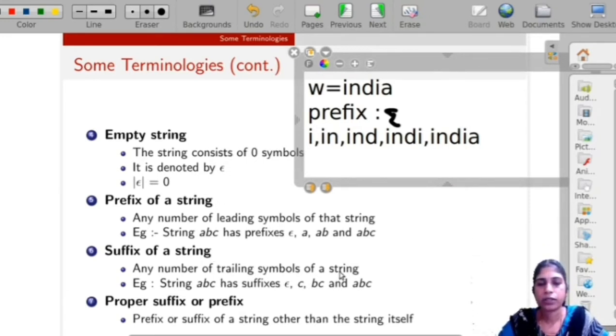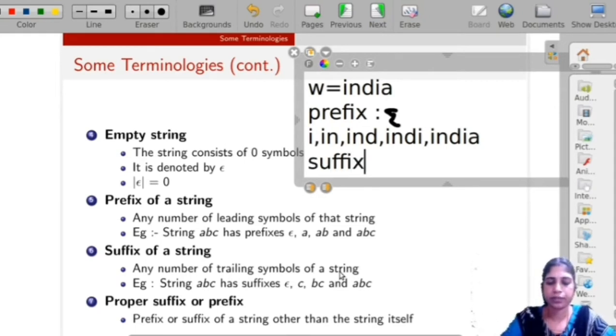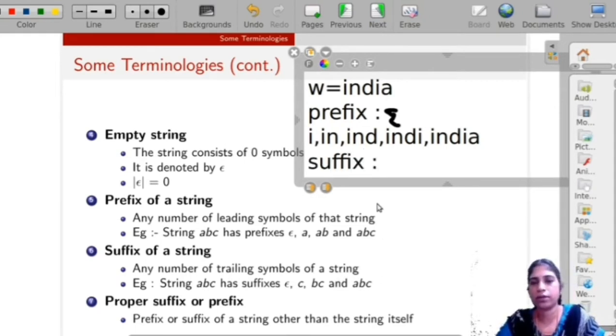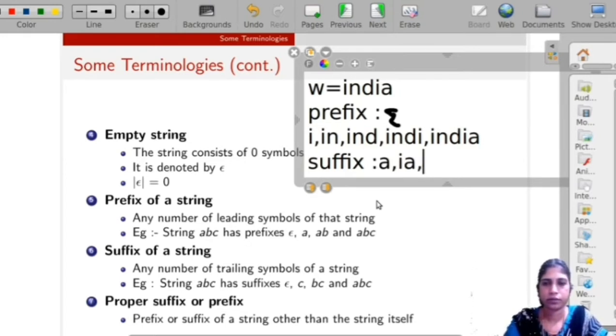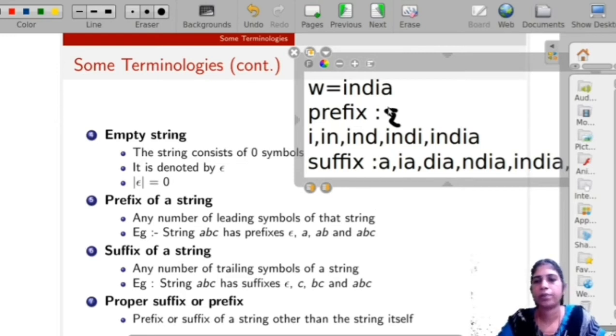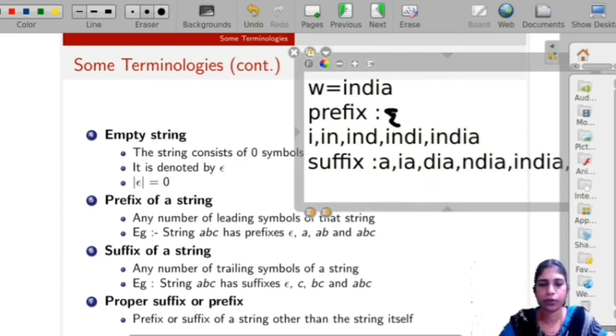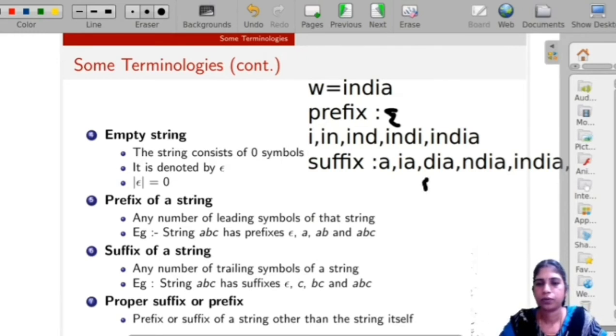India is our string, then the trailing symbols are A, IA, DIA, then NDIA, then INDIA, and also epsilon. So these are the suffixes of the string. That means suffix means any number of trailing symbols of a string.